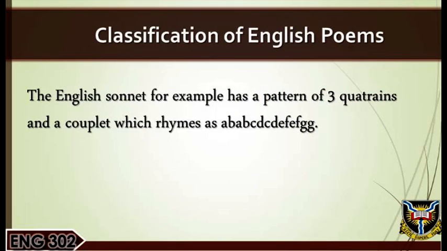The English sonnet, for example, has a pattern of three quatrains and a couplet, which rhymes as A B A B, C D C D, E F E F, G G. This will be discussed in subsequent lectures. The structure of a sonnet cannot be changed, although varieties exist in the form.